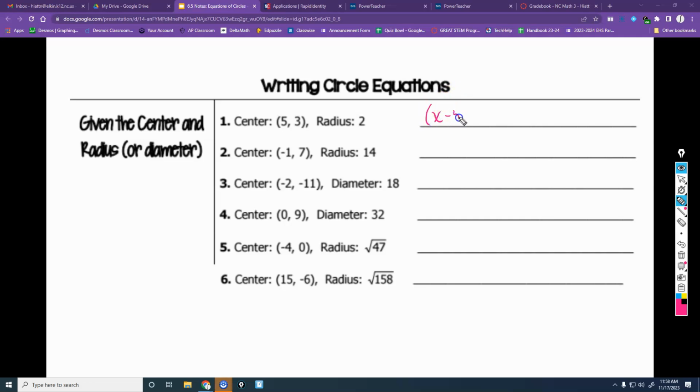X minus 5 squared plus y minus 3 squared equals 2 squared, but probably you're going to see that, go ahead and just make that 4 right there. You guys all right there? So opposite sign, in here with your x and your y. Over here is your radius squared.